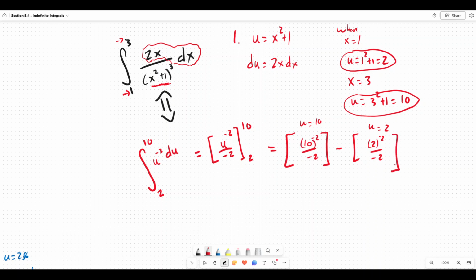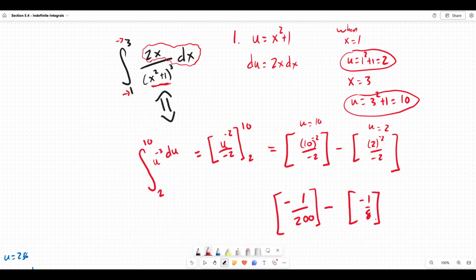And at this point, I'll be honest, I'm usually grabbing a calculator. Here I get, as a fraction, negative 1 over 200 minus, and here, 2 to the power negative 2 divided by negative 2, as a fraction, I get negative 1/8.